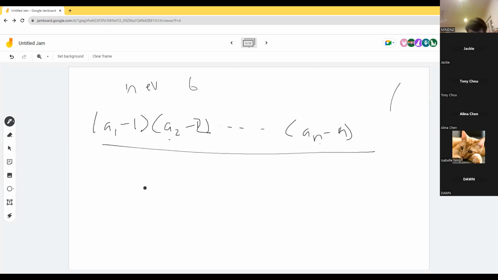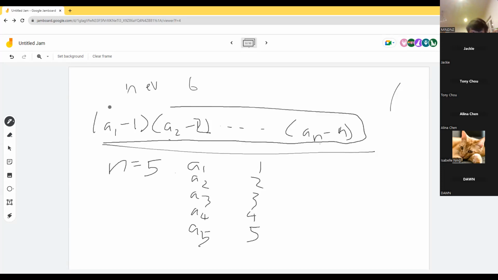So to reiterate, for example, when n is odd, if we have n equals 5, you've got a1, a2, a3, a4, a5, and 1, 2, 3, 4, 5. We want this to be even, so we want just any one of these to be even.